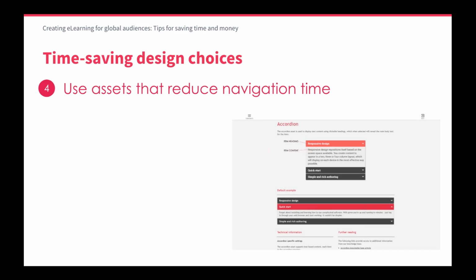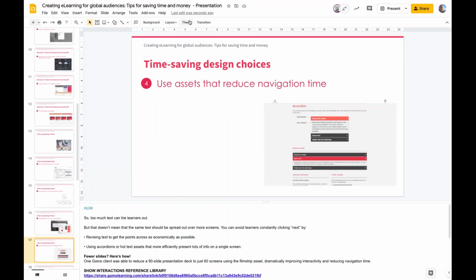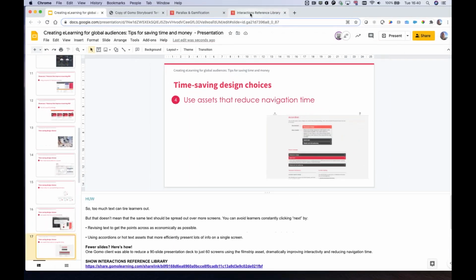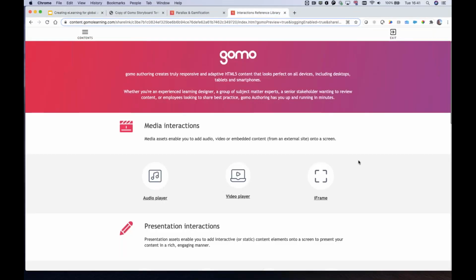And so as part of that storyboarding, have a look at the range of things that you have. So for example here, if I just come back out of here. So for example, here with Gomo, we have something called the Interactions Reference Library.